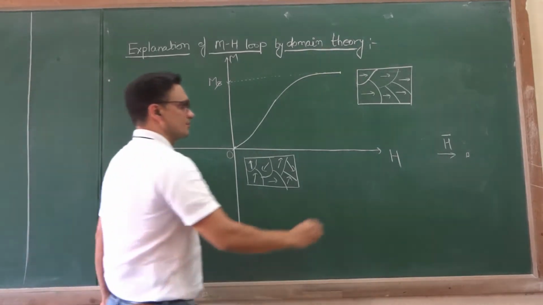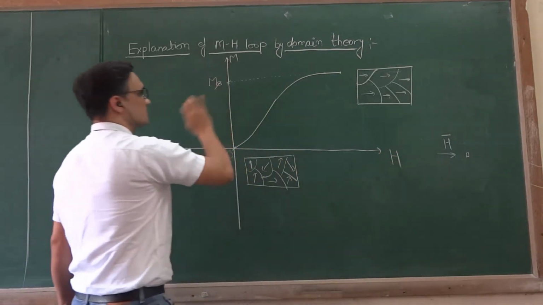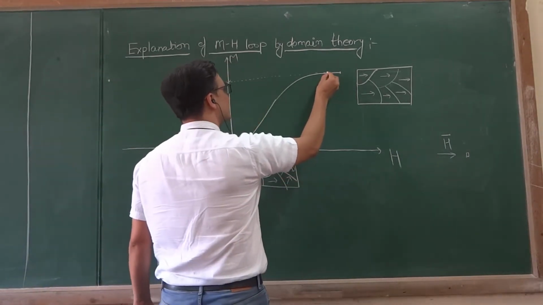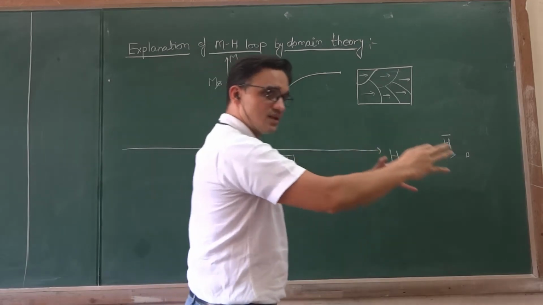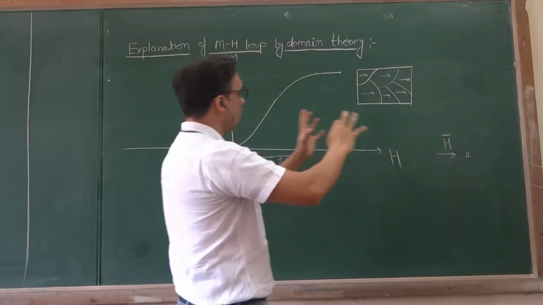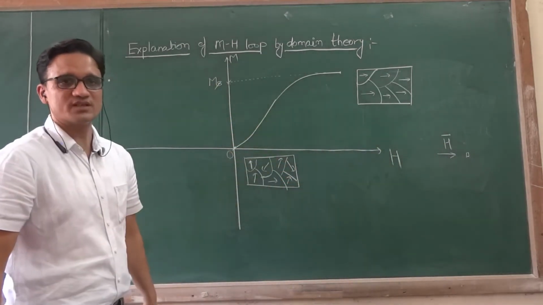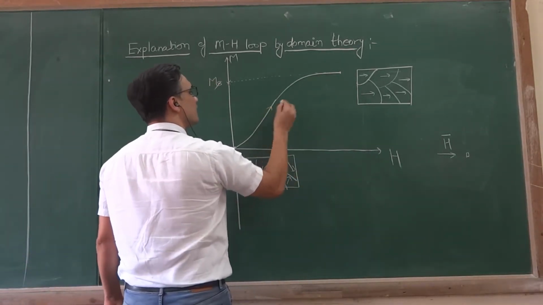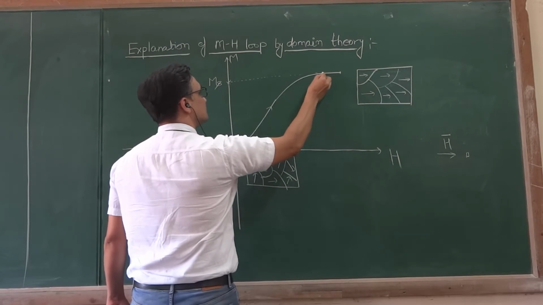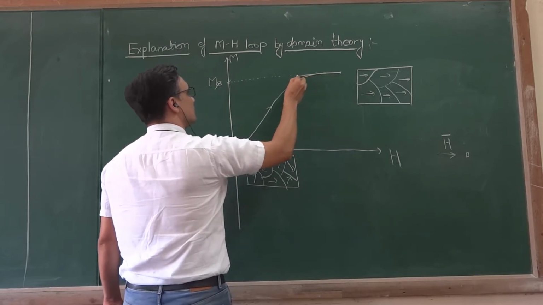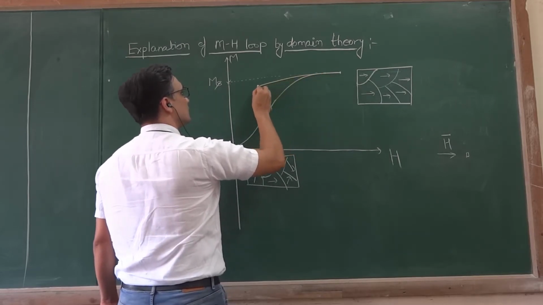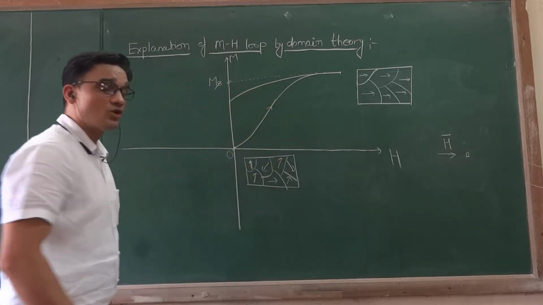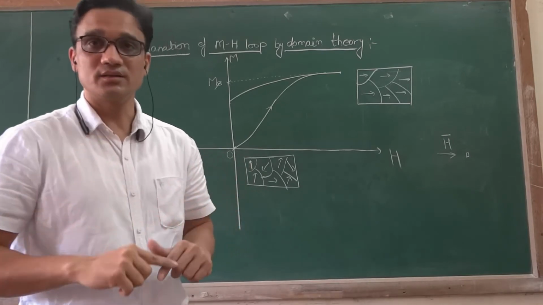Now, after that, when you start to decrease the external magnetic field, the curve is not going to follow its own path.